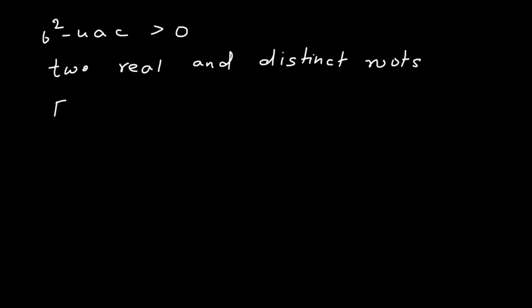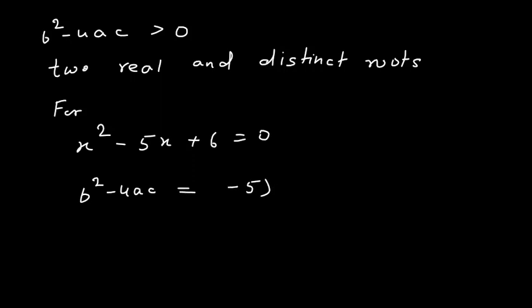For example, if your equation is x square minus 5x plus 6 equal to 0, here when we find b square minus 4ac, we get minus 5 the whole square minus 4 into 1 into 6.